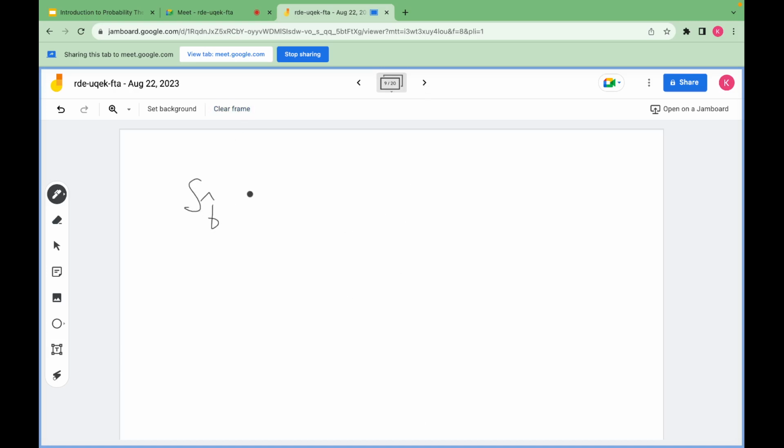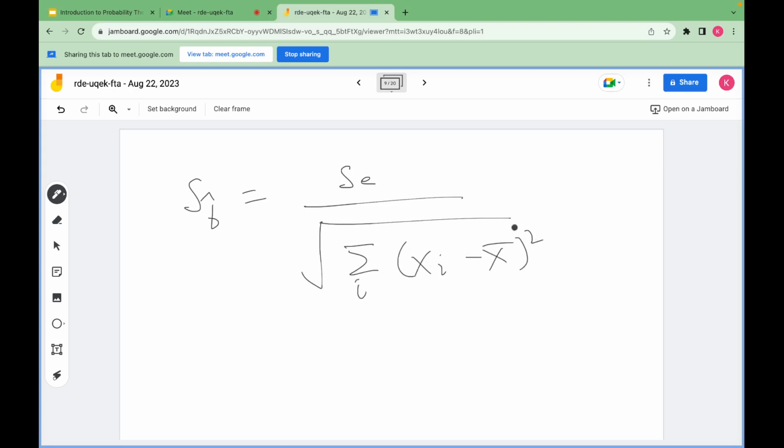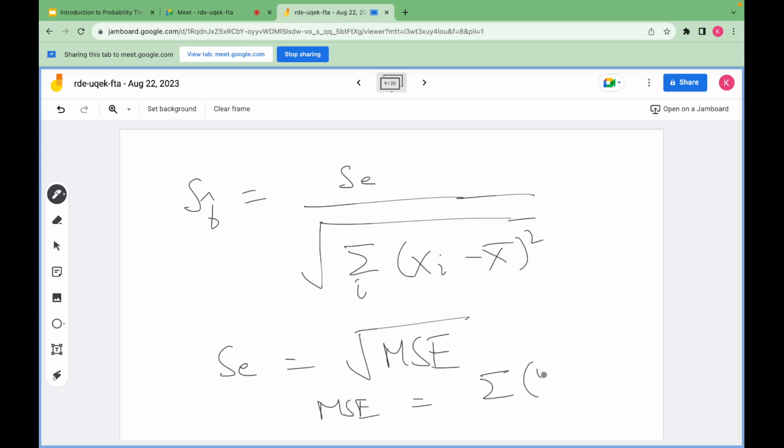This SB cap is calculated as the standard error divided by the root of the summation over i of xi minus x bar whole square. This xi is the independent variable. This SE is the root over MSE, where MSE was the summation of actual y values minus predicted y value whole square over n minus 2. So this SB cap is SE divided by this, where SE is root over MSE.